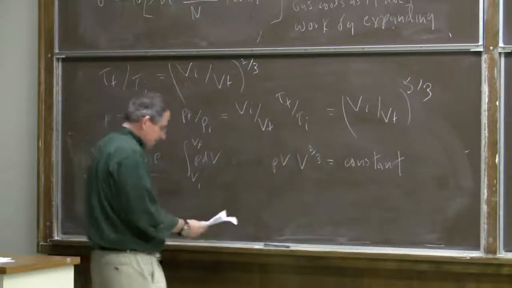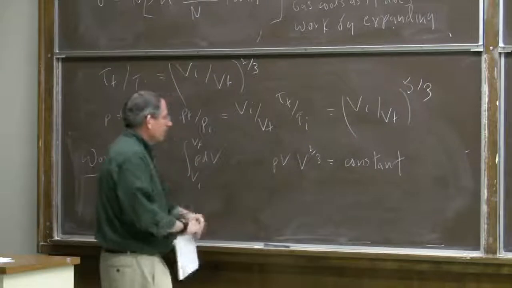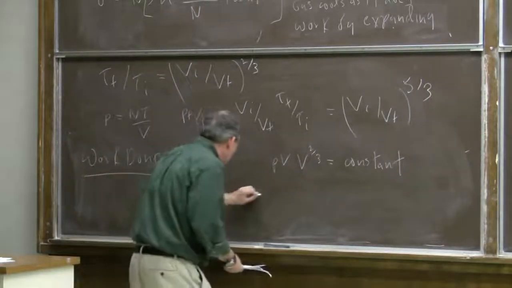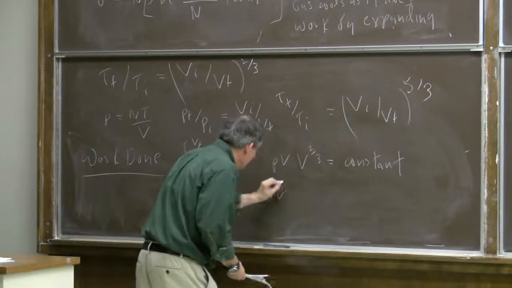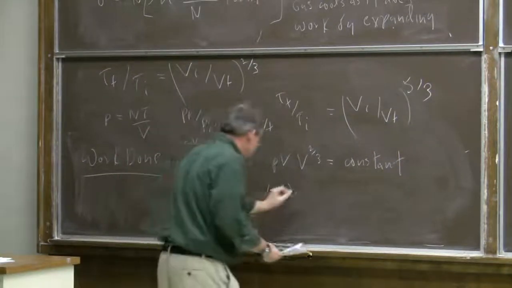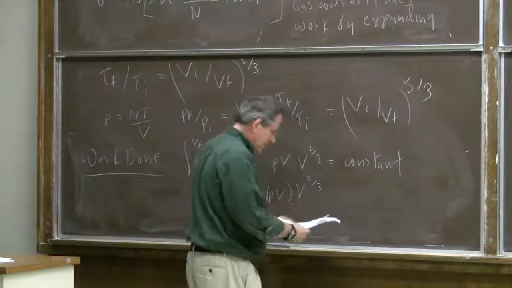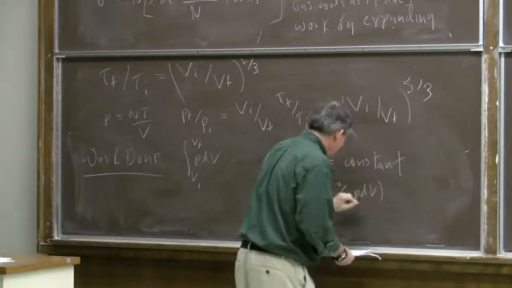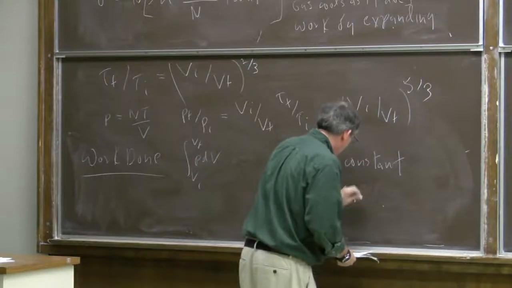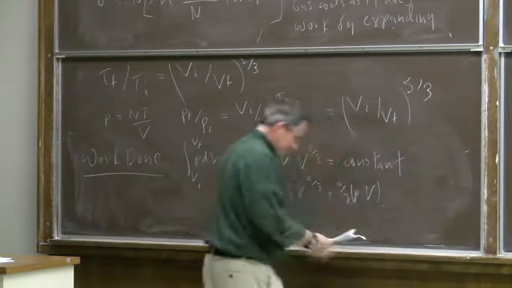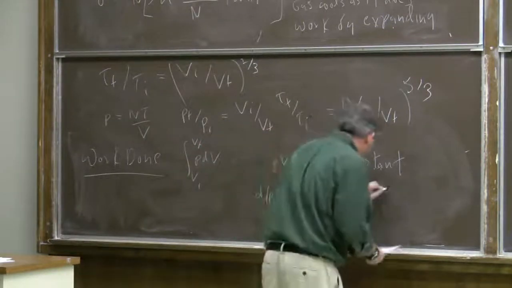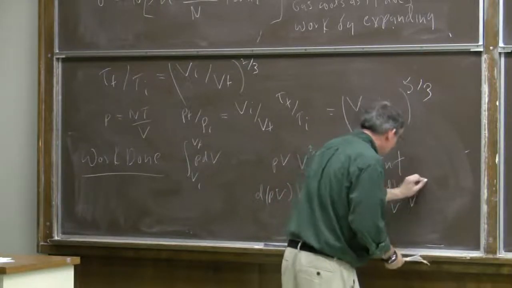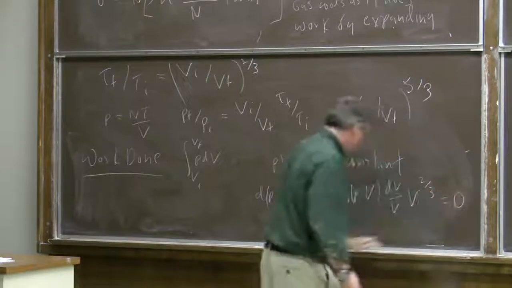And then if I differentiate that, applying the product rule to PV times V to the 2/3, I can say that d(PV) times V to the 2/3, plus 2/3 PV times dV over V, times V to the 2/3, is equal to 0.